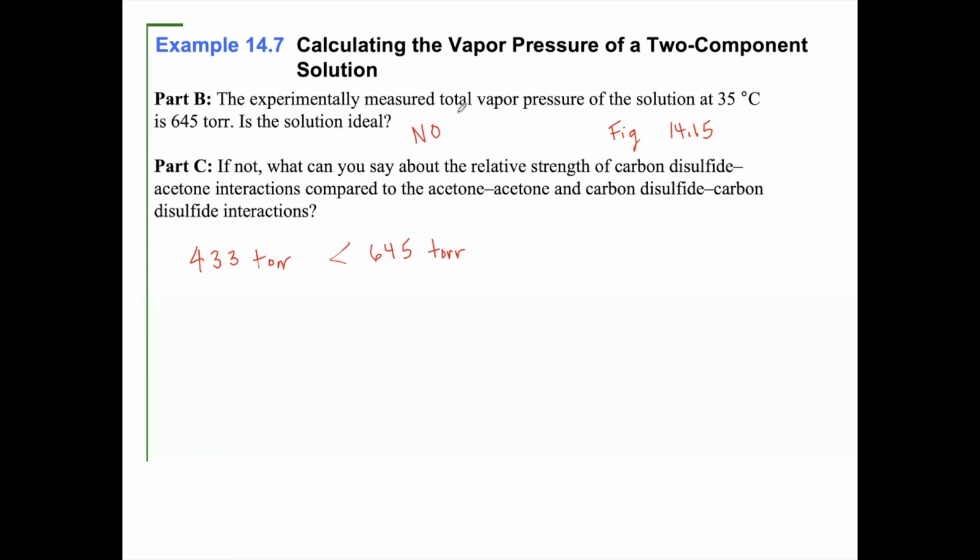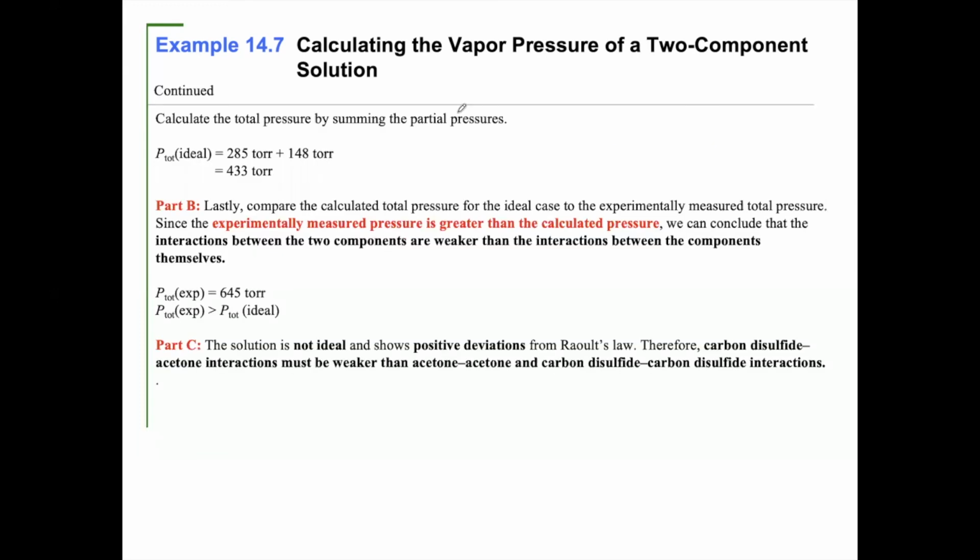This implies that the intermolecular forces between carbon disulfide and acetone are weaker than the ones between carbon disulfide itself and acetone itself. So this allows more vaporization than it would for the solvent in its pure form. I left this in here in case you wanted a textbook explanation.